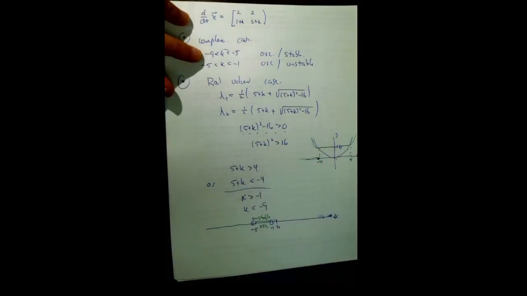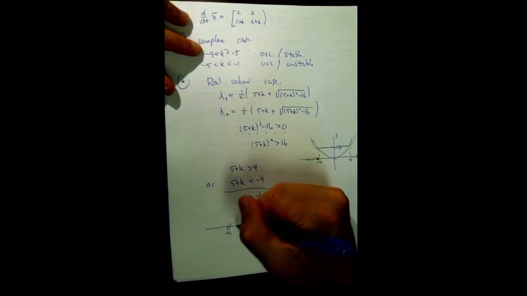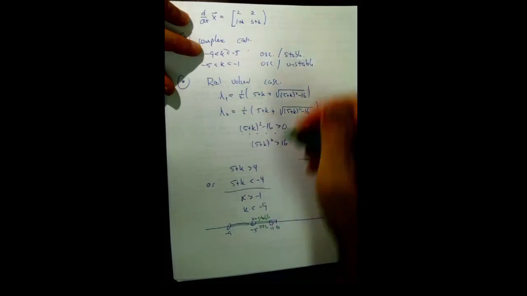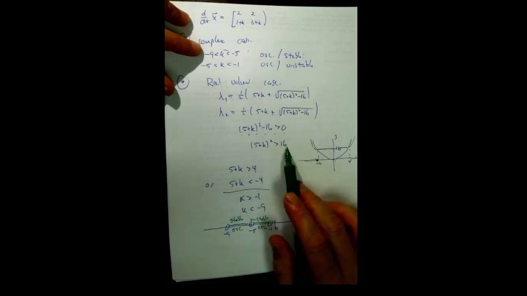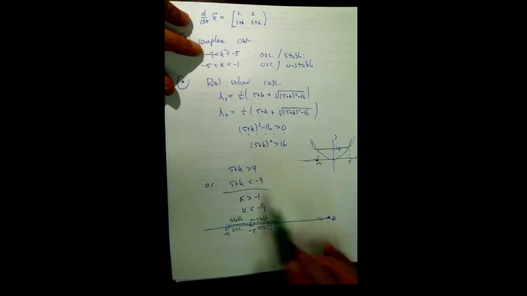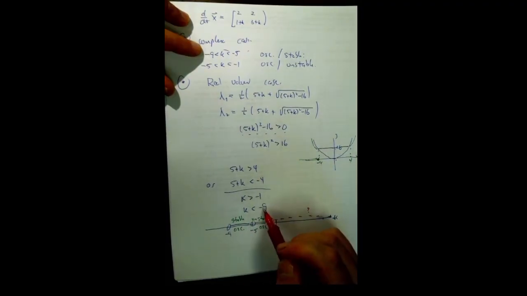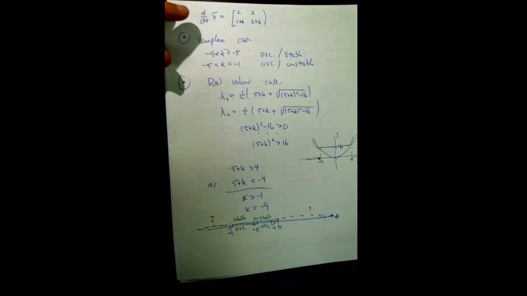Need to be more careful. From minus 9 to minus 5, this is stable and oscillates. And what we just found out now is that we are looking for k greater than minus 1, which is out here, and then k less than minus 9, which is out there.